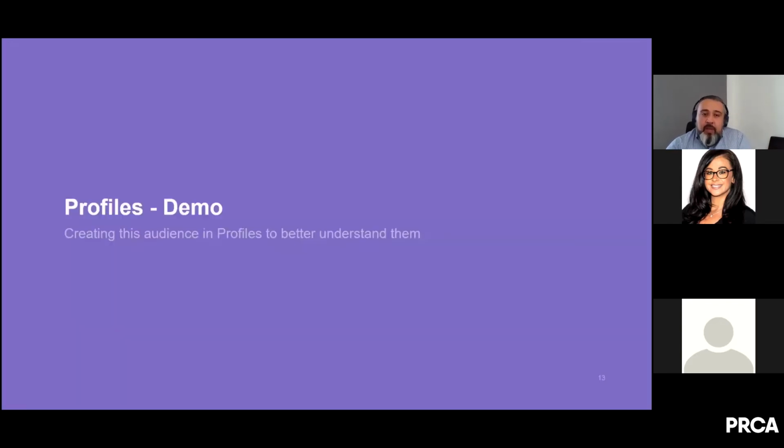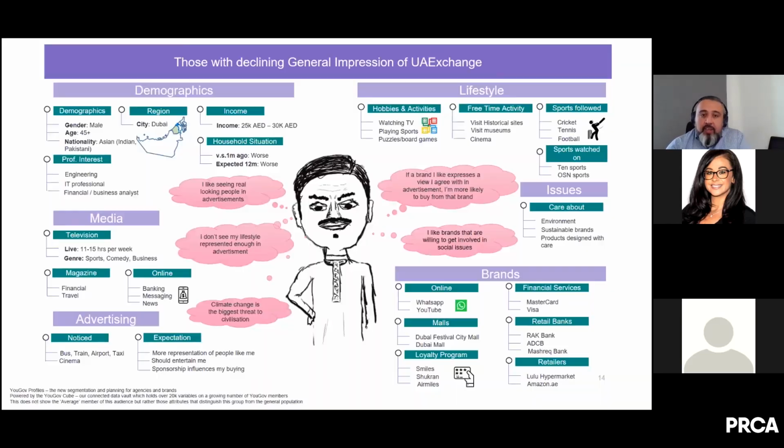So it might be a case that we need to help them and create a pen portrait, something like this. Based on the data points that I've already picked out, I created a little pen portrait of who these people are that have a negative impression or a declining general impression of the brand. And this is a lot easier for the creative types to look at and start coming up with a strategy or a communication that is going to be relevant to these people.